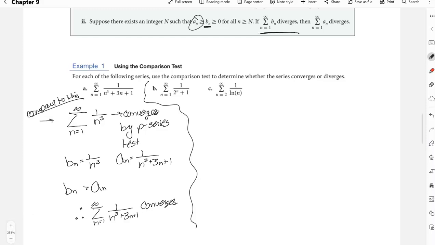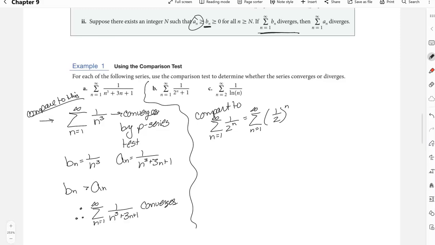Now let's look at part B. Part B is looking at the sum from n equals 1 to infinity of 1 over 2 to the n plus 1. This looks an awful lot like a geometric series. So let's compare it to it. Let's compare to the sum from n equals 1 to infinity of 1 over 2 to the n. And we could rewrite that as a sum from n equals 1 to infinity of 1 over 2 to the n.